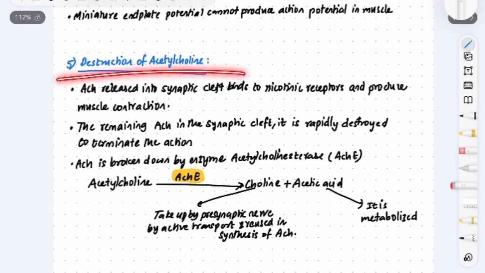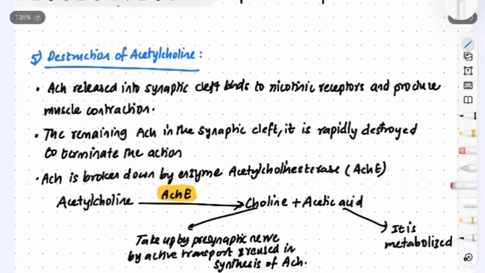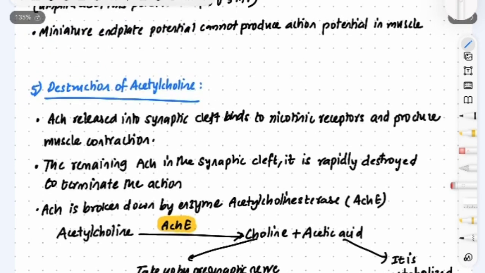Next, the fifth point is the destruction of acetylcholine. Acetylcholine released into the synaptic cleft binds with the nicotinic receptors and produces muscle contraction. Understood? As soon as the nicotinic receptors bind with the acetylcholine, there will be opening of these ligand-gated sodium channels, and influx of sodium causing the end plate potential and resulting in muscle contraction.